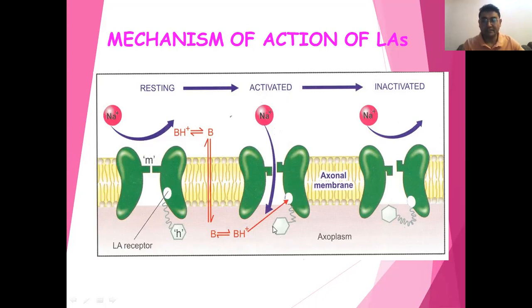By creating the action potential and activating the cell, the impulse or the reflex or the stimulation will be transmitted by the neuron to the central nervous system, and the patient will feel it.